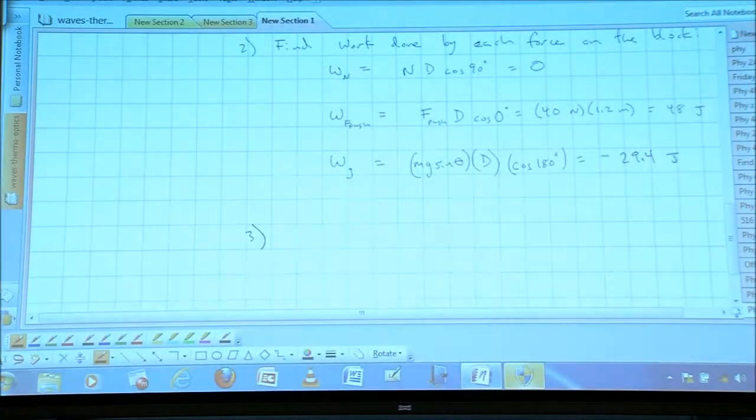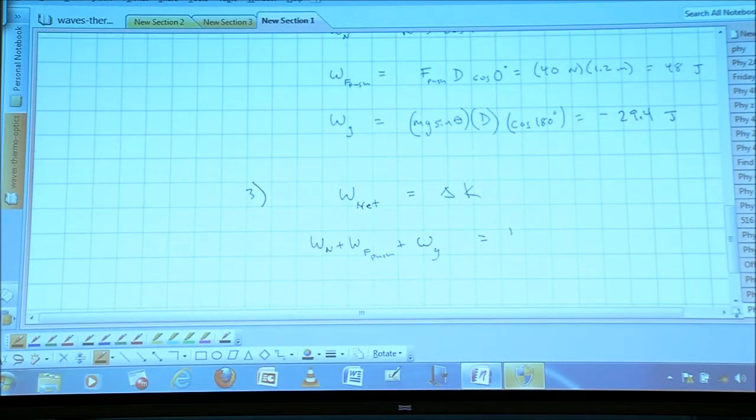And the third step, we say the total or the net work done is equal to the change in kinetic energy. So what is the net work done? It's the work done by the normal force plus the work done by the pushing force plus the work done by gravity. Change in kinetic energy is the final kinetic energy minus the initial kinetic energy.